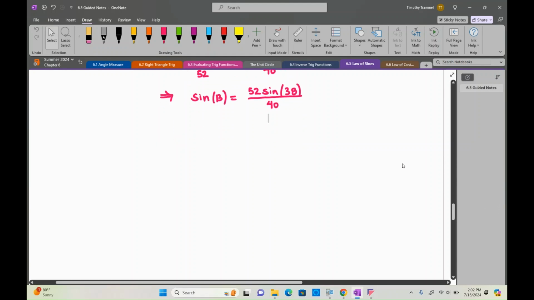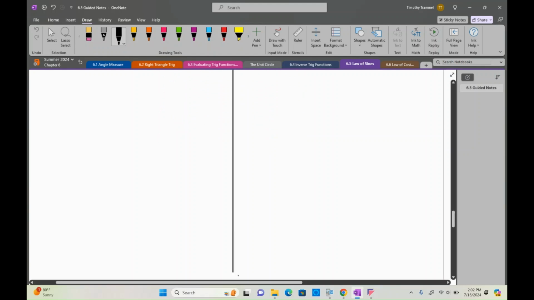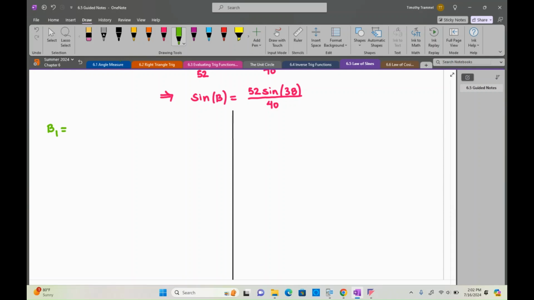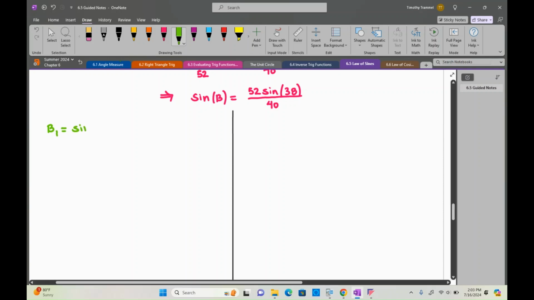So I'm going to break this up into two sections. In one, I'm going to write B1, but I'm solving for B here, so I'm going to take sine inverse of each side. If I do that, I get B1 equals sine inverse of 52 sine of 38 divided by 40.